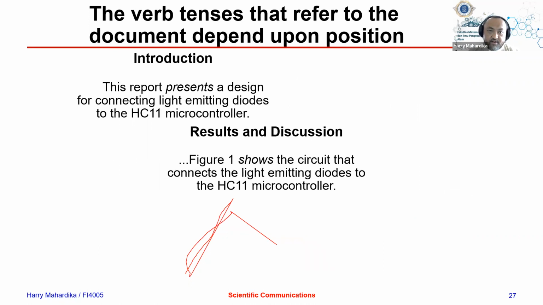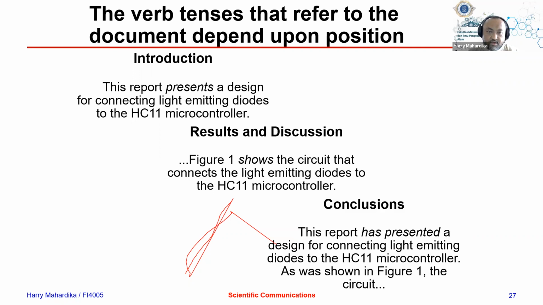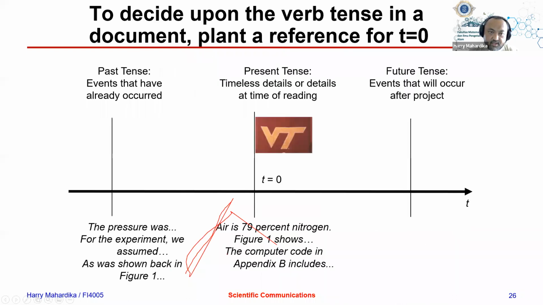The verb tense that refers to the document depends upon position. So where do we usually put the past, present, and future tense in our article?